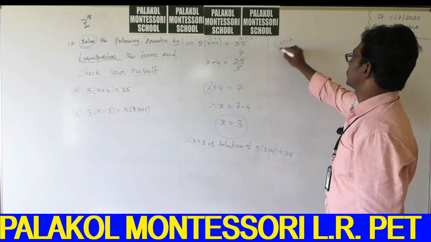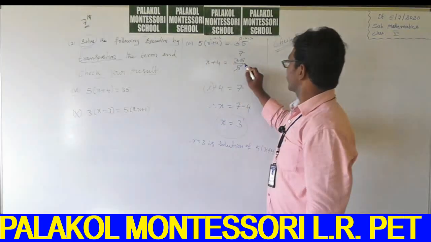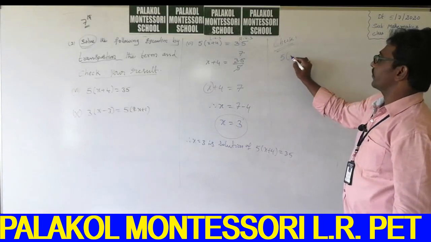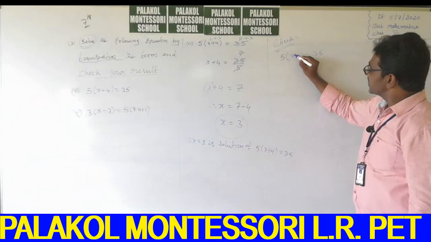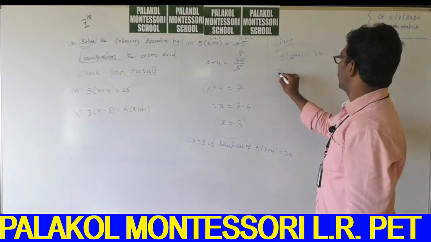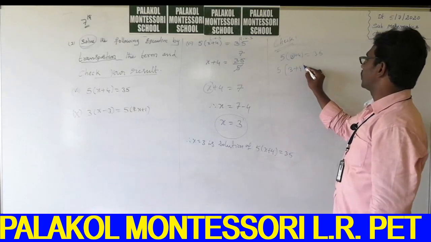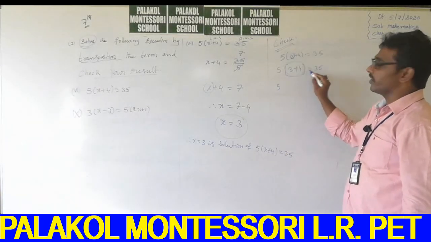Check. Check here the result. See, what is that equation? 5 of x plus 4 equal to 35. For x you write 3: 5 of 3 plus 4 is equal to 35. First is the simplification of the bracket terms.